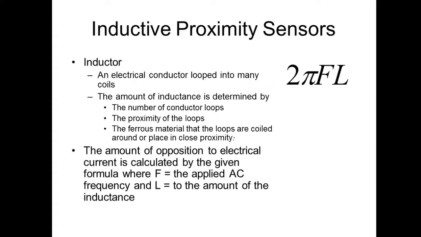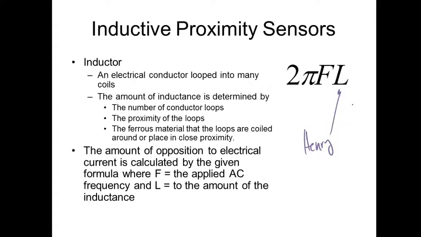If the frequency goes down, the opposition goes down. You buy these things in something called henrys. Now, you don't have to worry about it if you're buying an inductive sensor, because the henrys and everything are built into it. But if you were to go out and buy an inductor, then you would have to know how many henrys you wanted, right? That makes sense?